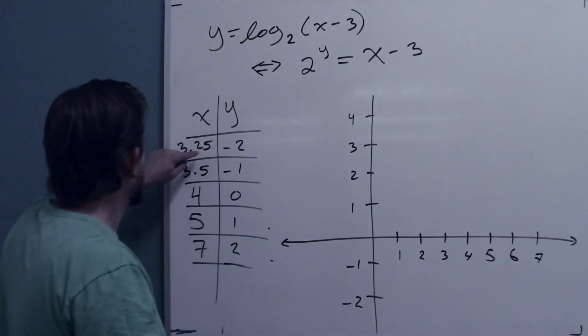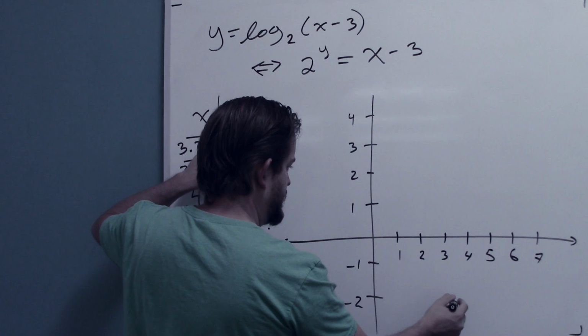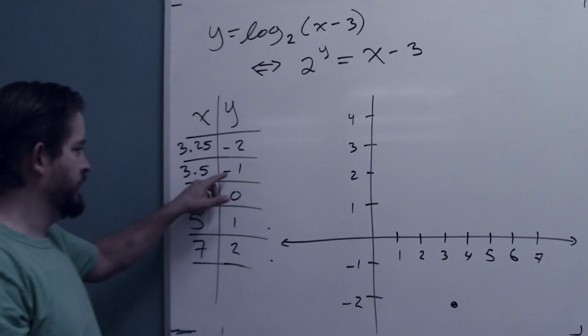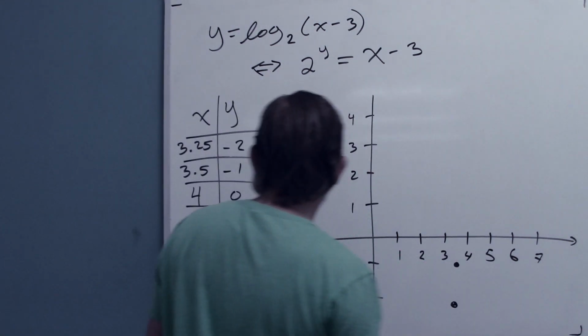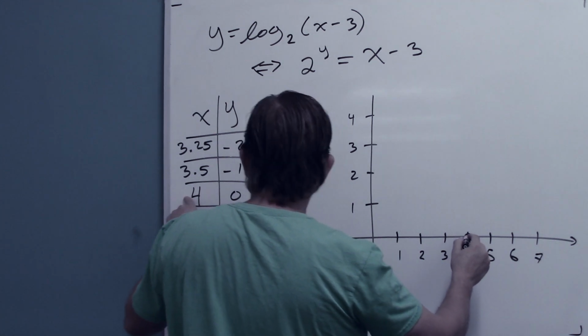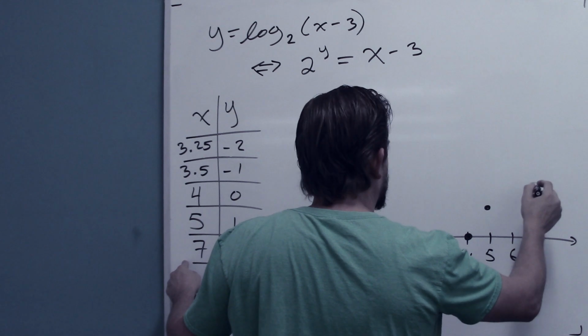Alright. 3 1/4, so barely off of 3, and negative 2. Maybe there. 3 1/2 and negative 1, so maybe there. 4 and 0. 5 and 1. And then 7 and 2.